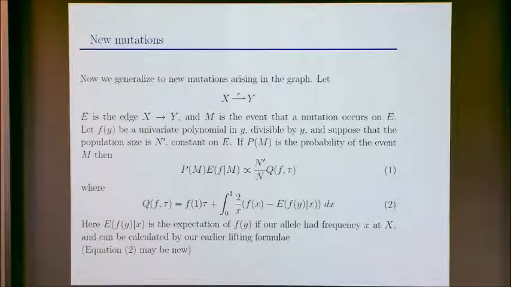The probability of m times the expected value of f conditional on m is, first of all, there's a factor here which involves the population sizes. And then you've got this function q f tau, which is this thing.